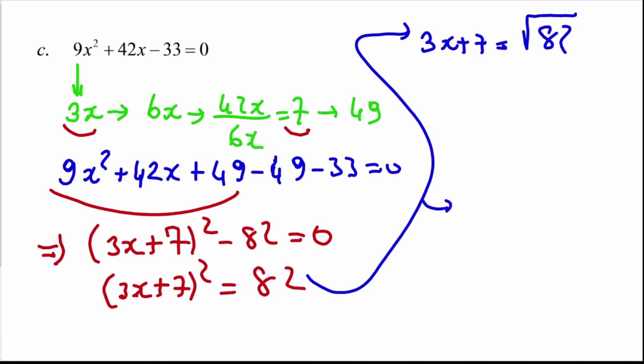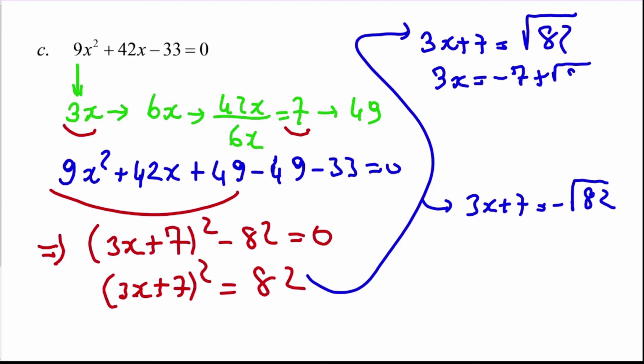The other option, I'm going to write here: 3x + 7 equals negative square root of 82. Now if I find the x value, for 3x, I move 7 to the right-hand side and it becomes negative 7. If we divide both sides by 3, x is (-7 + √82)/3. Agree? Here, 3x equals -7 minus √82.